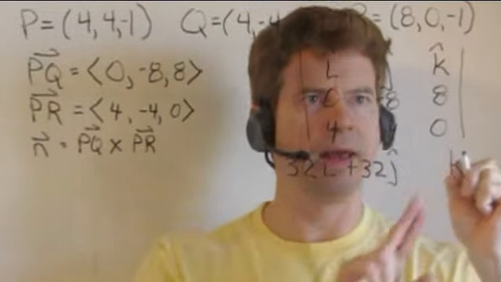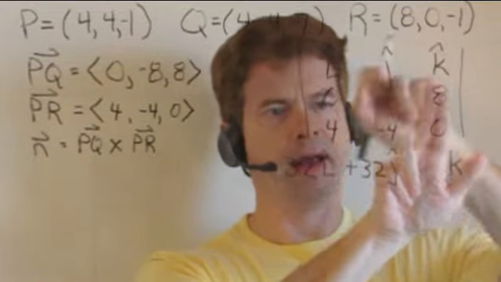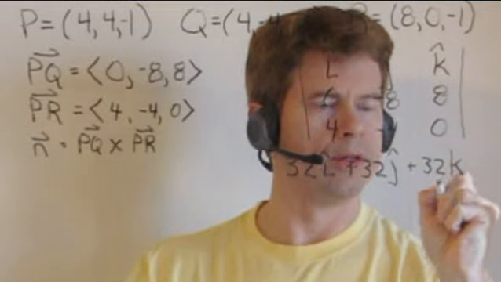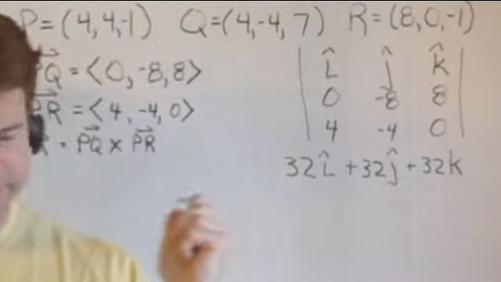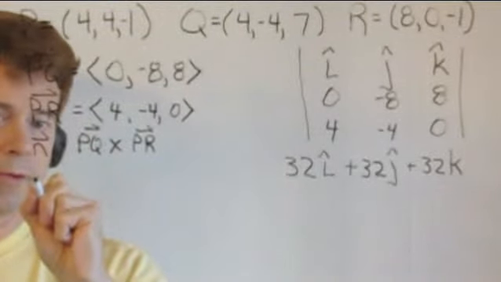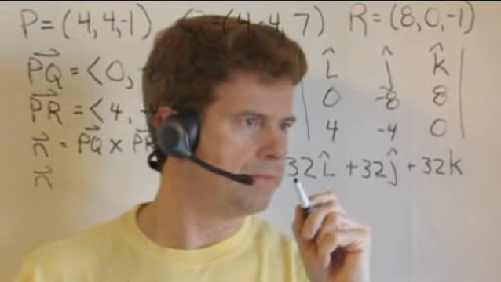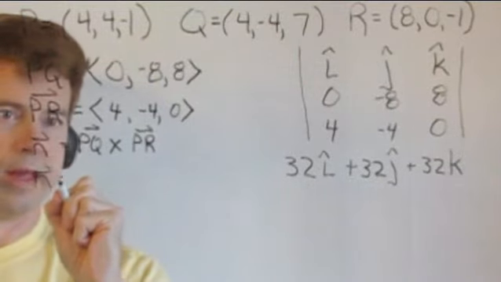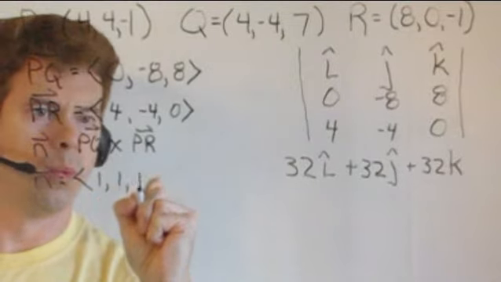And then for K, we've got 0 minus a negative 32, gives us another positive 32. So this now is giving us our cross product. But to simplify for the normal vector, we can simply do it without the 32 units on there. So this easily simplifies down to just 1, 1, 1.